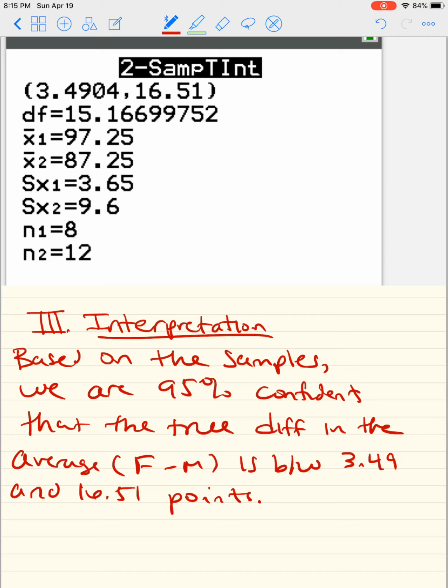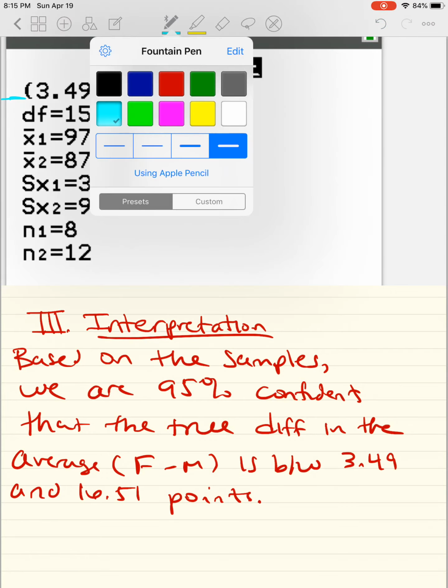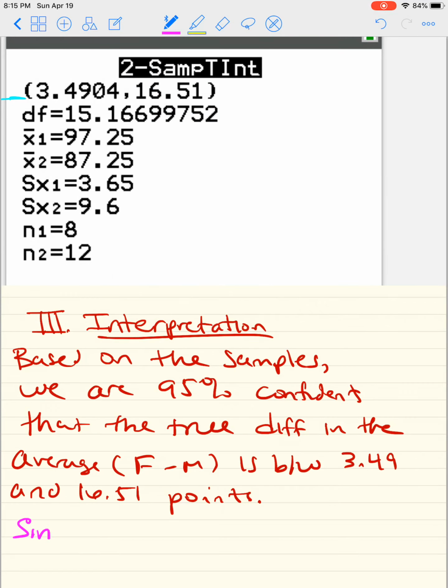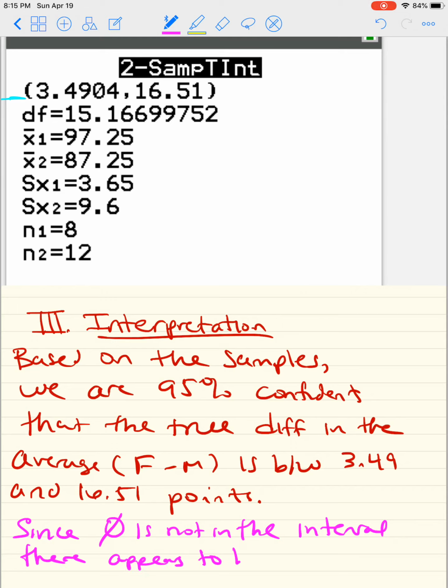The second sentence is, if anybody remembers, you want to see if zero is in the interval or out of the interval. So 0 in this case is out of the interval. 0 is somewhere here, right? So it's not in the interval. So your second sentence: since 0 is not in the interval, there appears to be a significant difference.